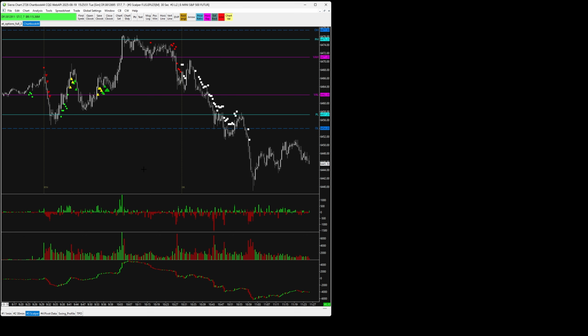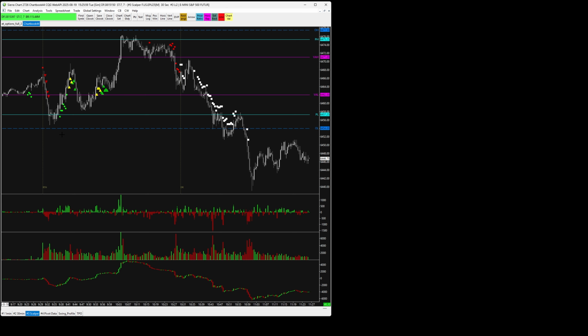But obviously the context is very important here, and in other videos I talk about the context, when it's best to use these as trigger points or as entry with the momentum or against the momentum.